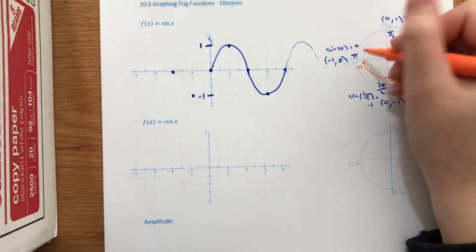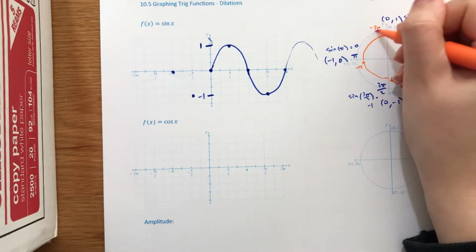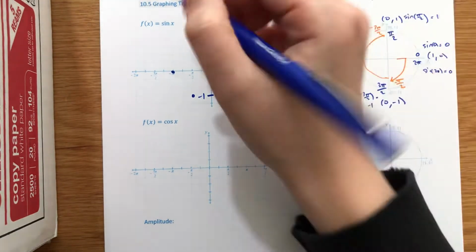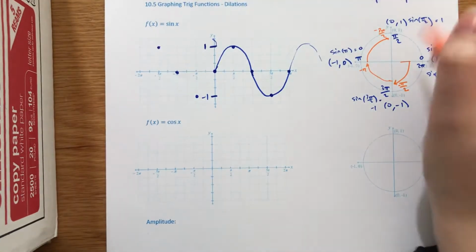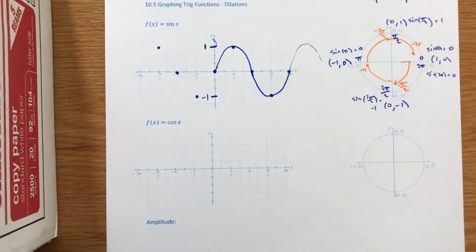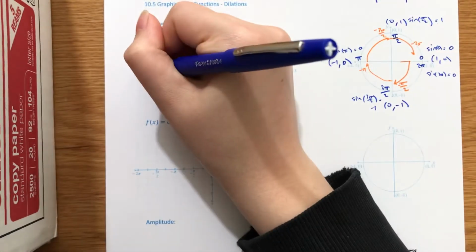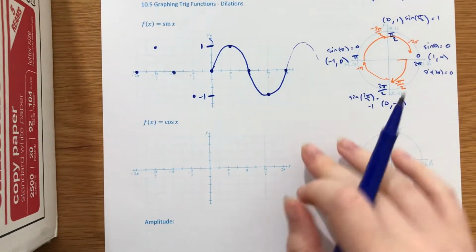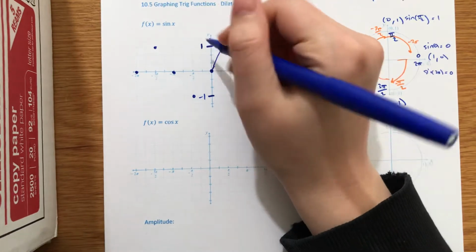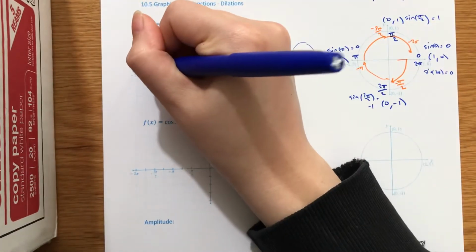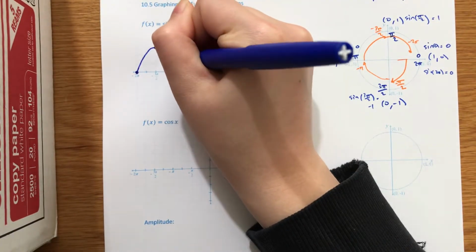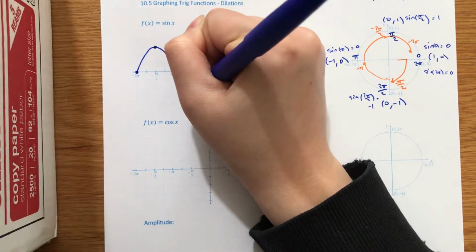Sine at negative 3 pi over 2 would be 1. And then all the way back, negative 2 pi would be 0. You don't have to do all this work every time. I'm just showing you guys where these points come from. But as you can see, it repeats itself.